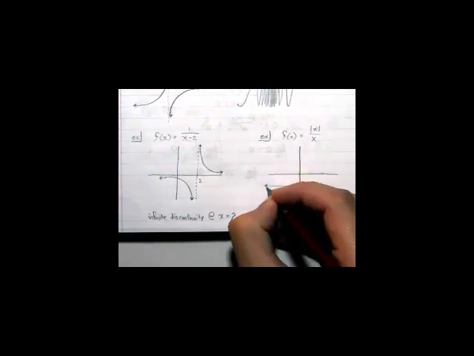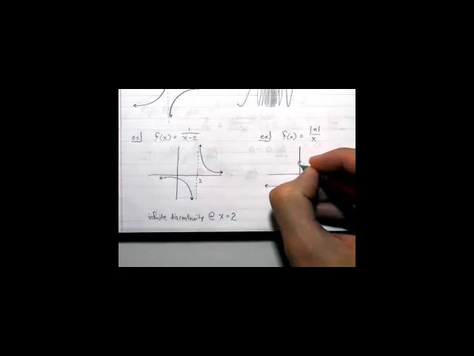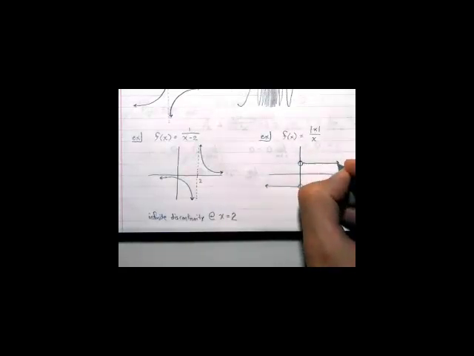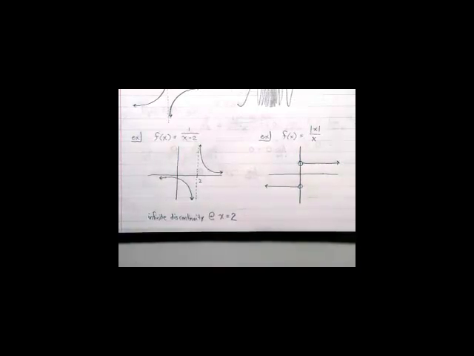Now, your calculator is not going to put the big open circles there, but we know they have to be open circles because this thing is undefined for x equals 0. Okay? It can't include 0 at all, so neither piece has the 0 included there.